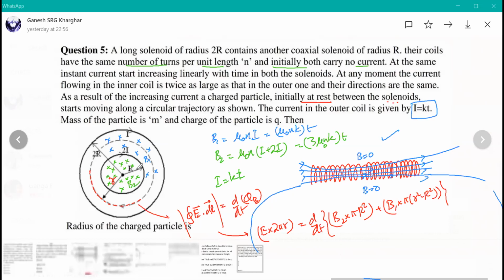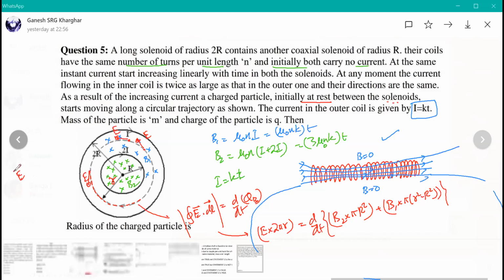So for this particle, the flux going into the plane is increasing, so the direction of the electric field will be coming out. You know, clockwise is increasing. So the electric field at every point will be tangential like this. We have that non-conservative, non-electrostatic electric field.